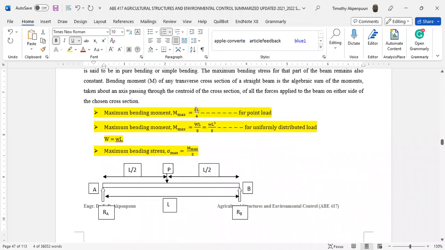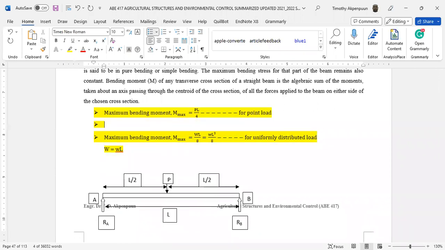You know here that your P is equal to what? Applied load, which is usually point load. And then the L is the length of the beam.